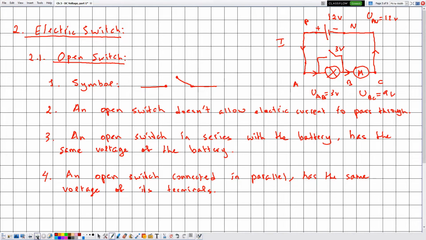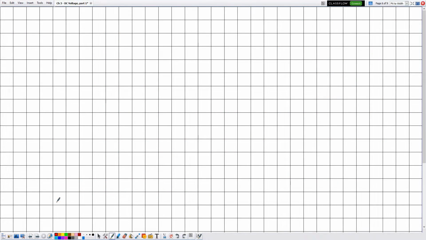Now let's discuss the closed switch. Section 2.2, the closed switch. The symbol of the closed switch is given by this.